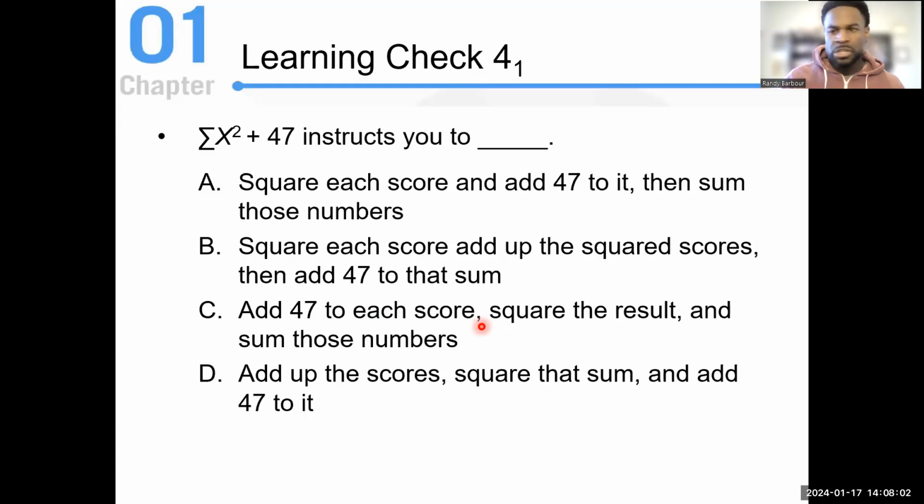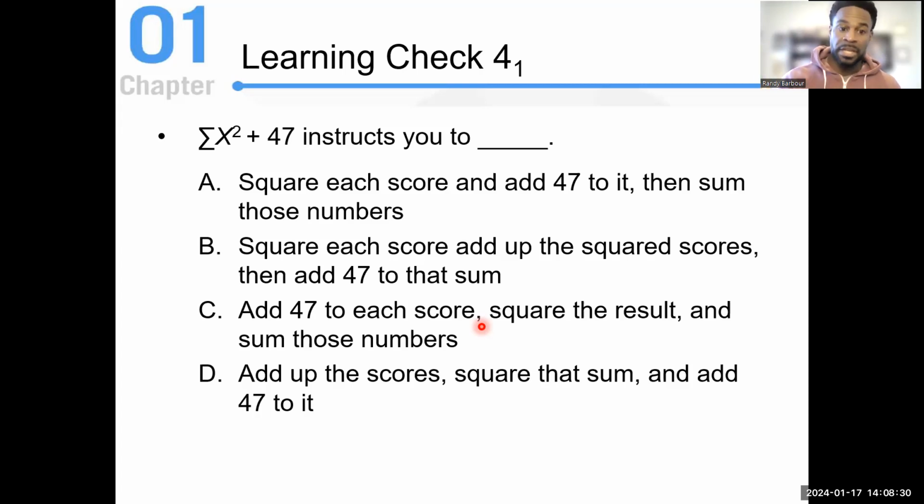All right, so here's a check. Using those two rules that we learned about, Please Excuse My Dear Aunt Sally, or the order of operations, and then all of your summation symbols come before any other addition or subtraction. So if you're looking at this example, it says the summation of x squared plus 47. And this is going to instruct you to do what? You can pause the video to think through this.